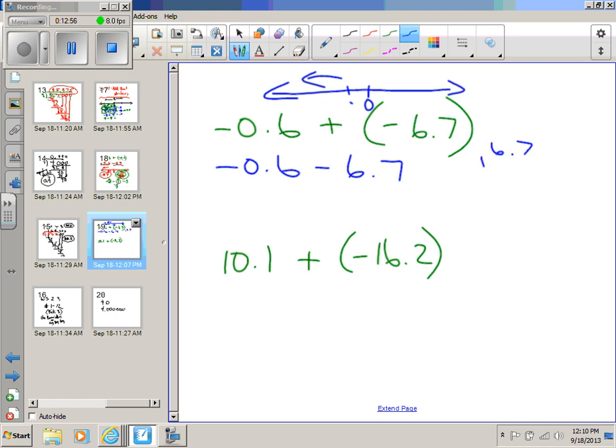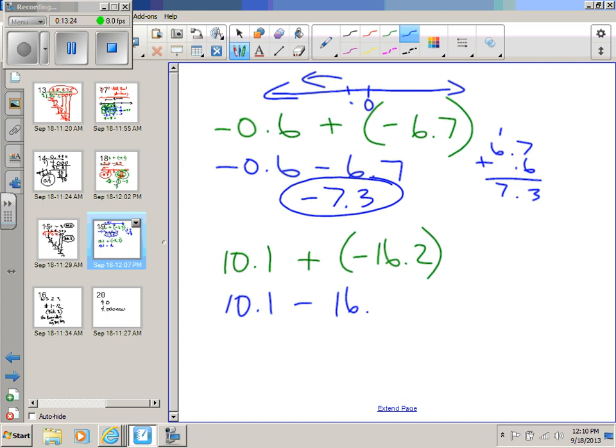So 6.7 plus the 0.6 would give me 7.3, but the negative 7.3. Negative 7.3. What happened? Well, what did you get then? Good. Clarification here. 10.1 minus 16.2.